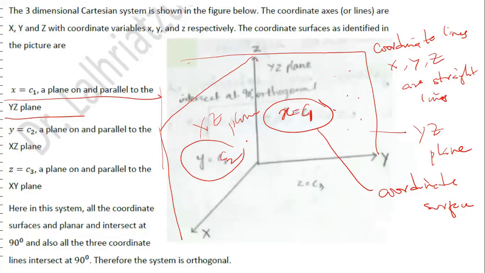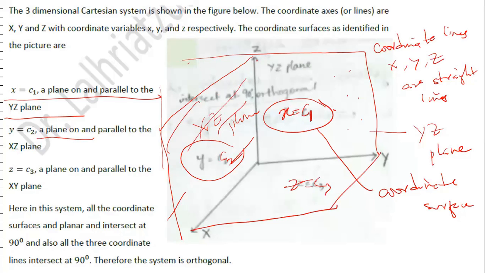But for every point on the plane, the Y value is fixed. And this surface, as you see, is also planar. Coordinate surface is planar. And similarly, you can consider the Z equal to C3 surface here. So this is also a planar surface, and for every point on this surface, Z value is fixed.